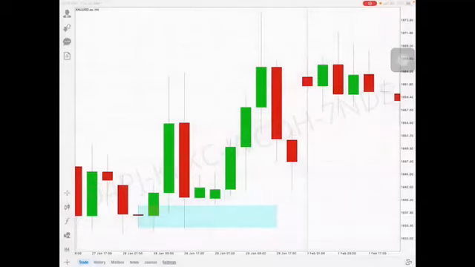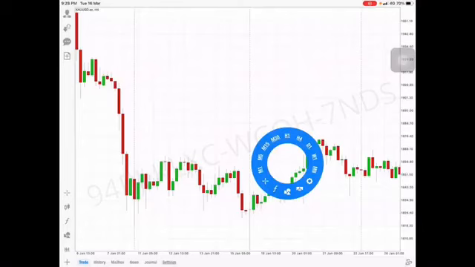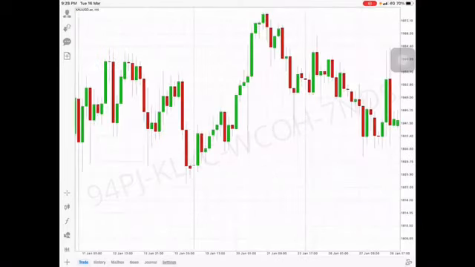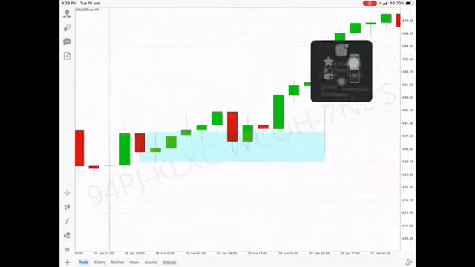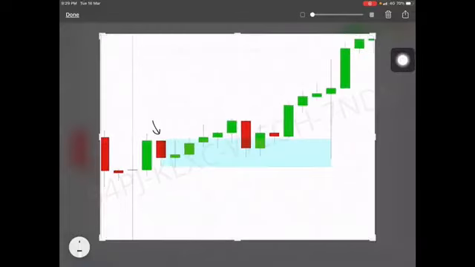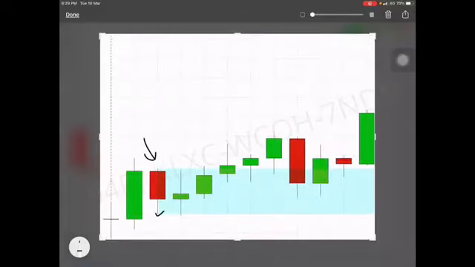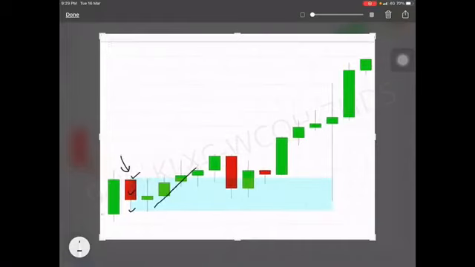Some more, for example this one as well. Now look at this one. The shadow has been consumed, the body has been consumed, and the upper shadow has been consumed. So when the price comes back to the zone, you can entry buy right here.